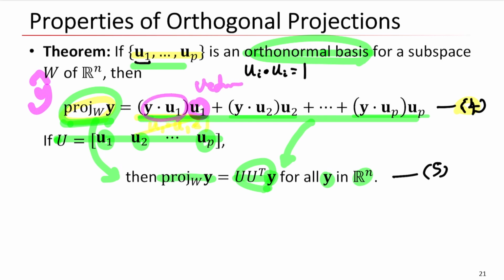As you can see here, this is a vector, right? This is a vector, right? This is a scalar value, right? Because this is the output of the inner product, right? Then what does it mean? We can represent the projection of y onto the W space as a linear combination of the vectors U1, U2 through UP with the coefficients y inner product U1, y inner product U2, y inner product UP.